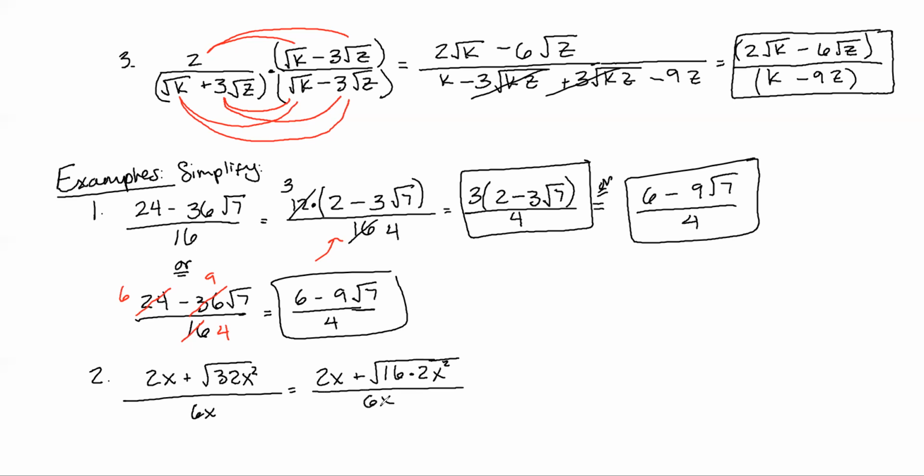So we can take out the square root of 16, that's 4. We can also take out the square root of x squared. That's just an x. So we're going to have the 2x plus still in the front. Square root of 16 is 4, square root of x squared is x.